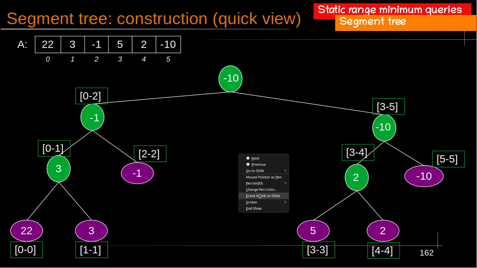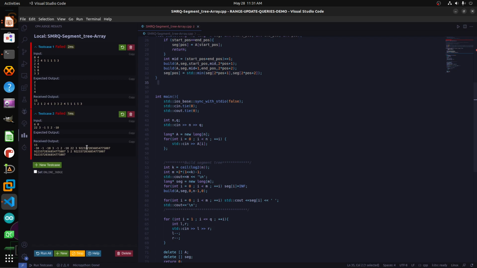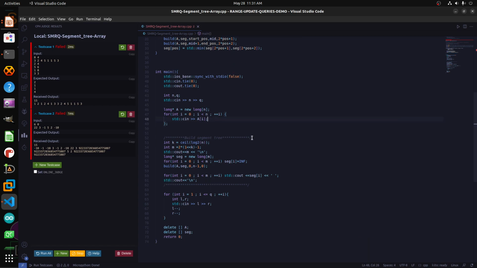We have here a node, not counted, and here 2 other nodes. This will be plus infinity, plus infinity. So 22, 3. After 22, 3, we have plus infinity, plus infinity. Then 5, 2. Then plus infinity, plus infinity. Okay, the code is correct to build the segment tree using an array.